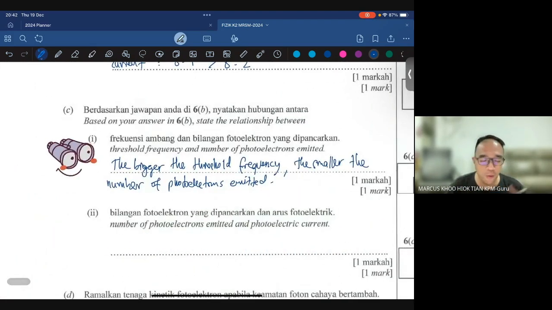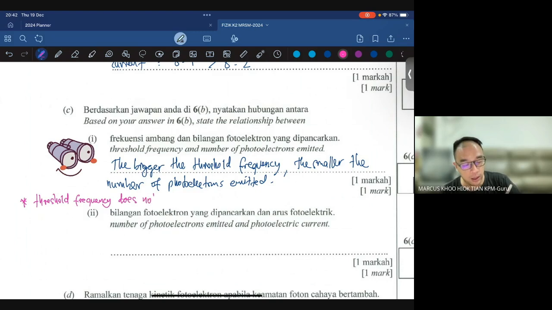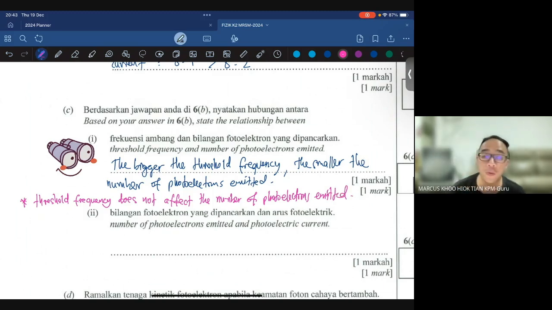However, why did I put this binocular sticker over there? Because in reality, the threshold frequency does not affect the number of electrons emitted. We established this in the previous class.